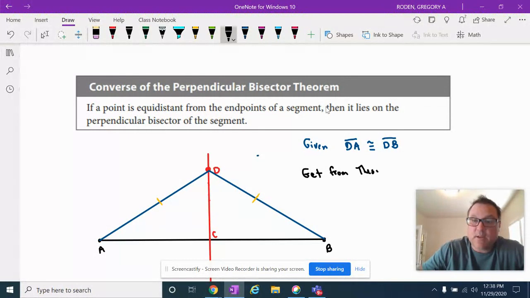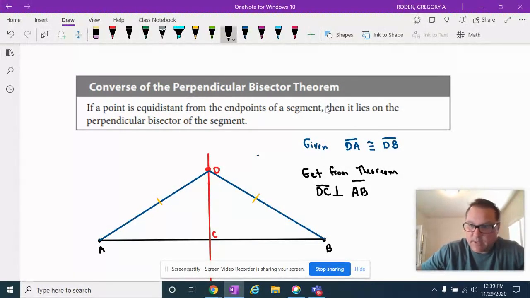So we actually get everything we would have started out with in the perpendicular bisector theorem. We get that DC is perpendicular to AB. In this case, I didn't make it a line, I made it a segment. Which means that C is a right angle.